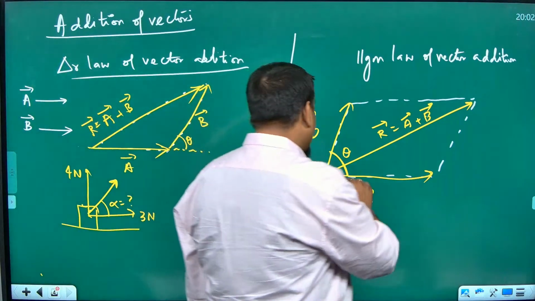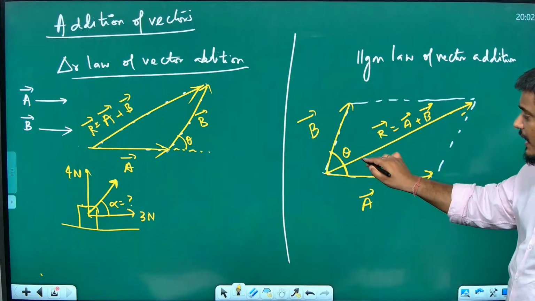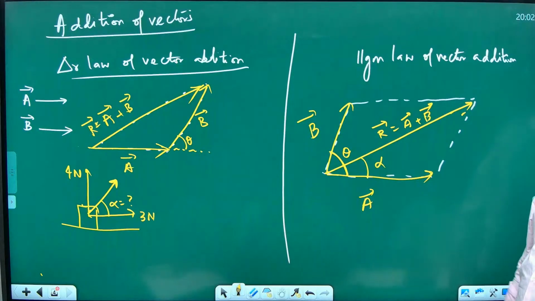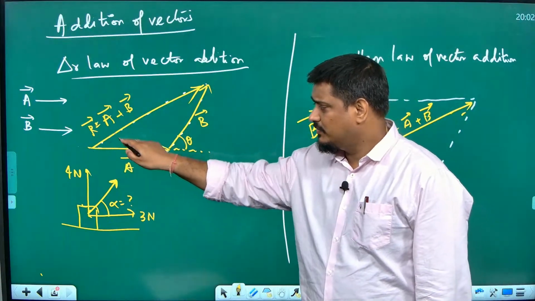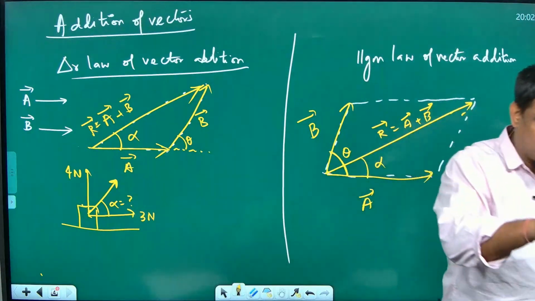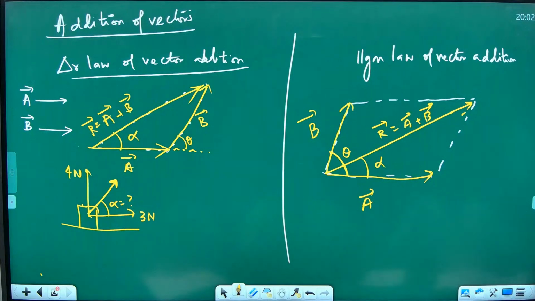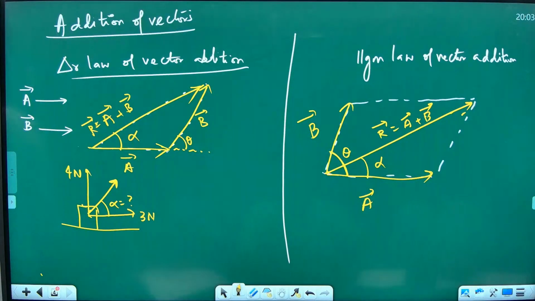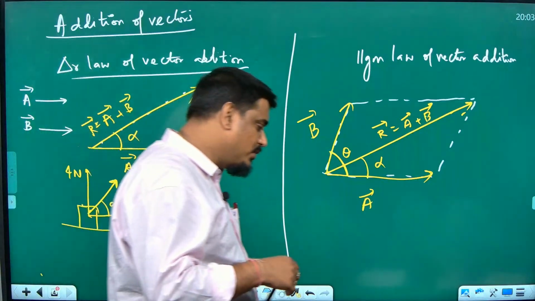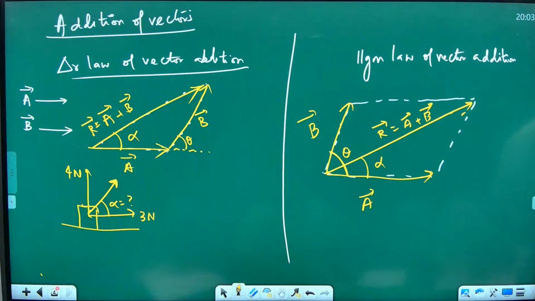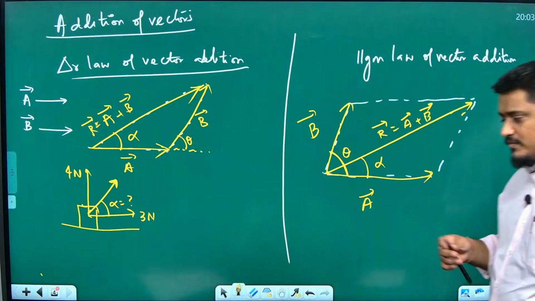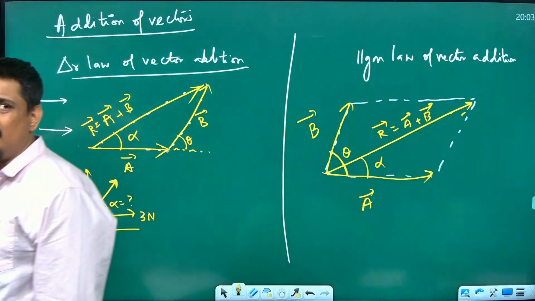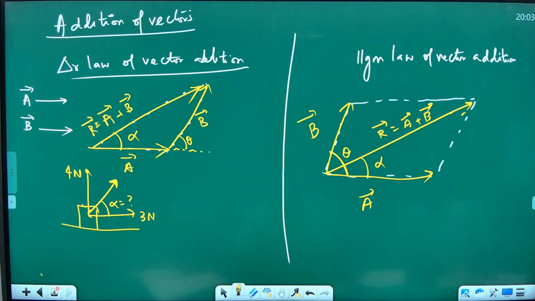What is the magnitude of the resultant and what is the direction of the resultant? Next heading is finding the magnitude and direction of the resultant.